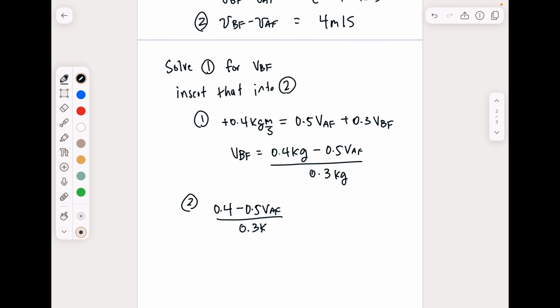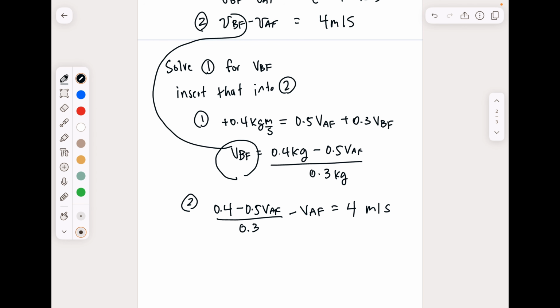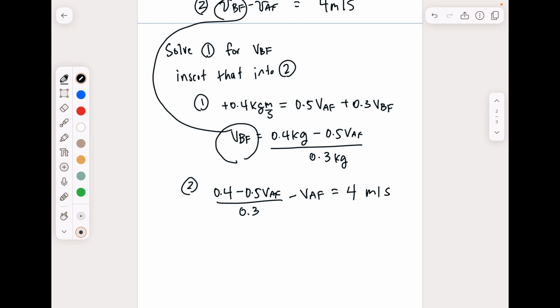I'm going to drop my units. All right, so I inserted VBF right here. Okay, and that's what I wrote out. So now I'm going to combine all my terms. So I have 0.4 divided by 0.3.